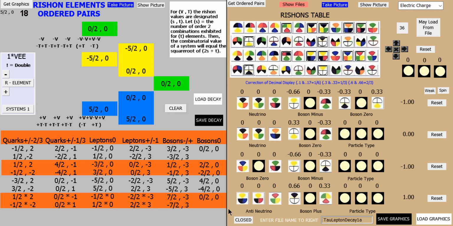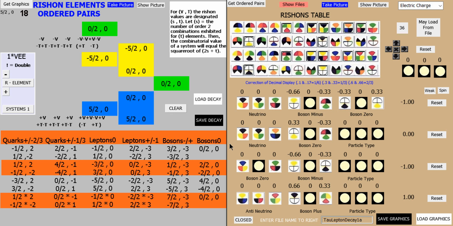And if we look at the anti-tau lepton, we'll see that for the antineutrino, again, we have electric charges of 0 on the composing particles, and on the scalar boson plus, we have the opposite charges, plus 2/3 and plus 1/3, for a total electric charge on the tau lepton of plus 1, which is indicated by the standard model.